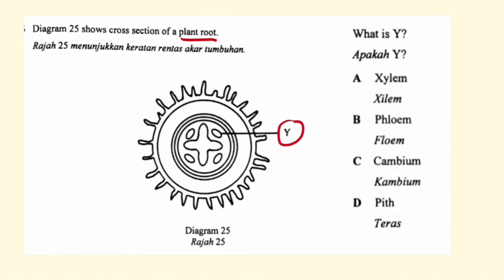As we can see here, the larger area comprises this T shape in the middle, whereas there is a smaller area at the sides, which is Y. As we have learned just now, the larger area will be the xylem, whereas the smaller area will be the phloem. So the answer for this question is clearly phloem.